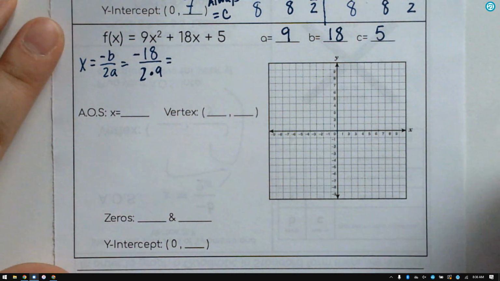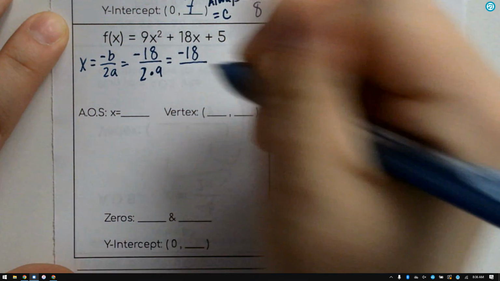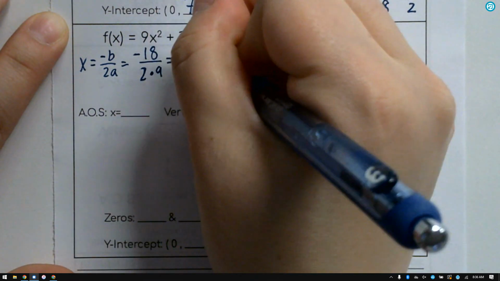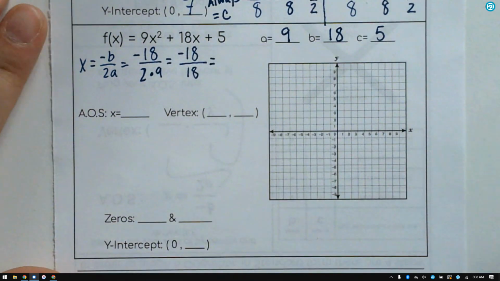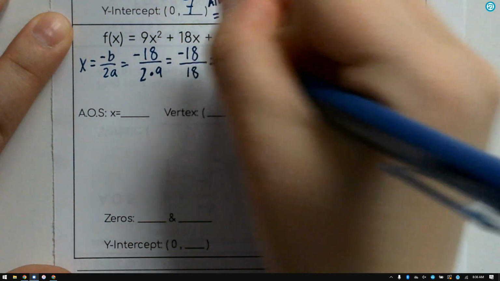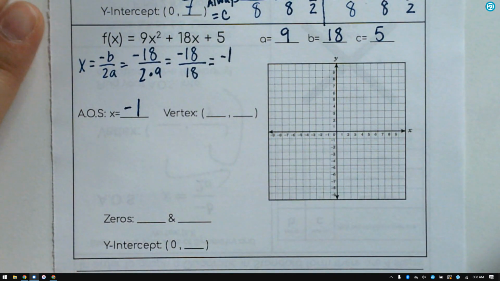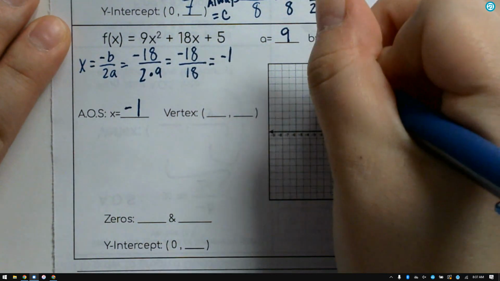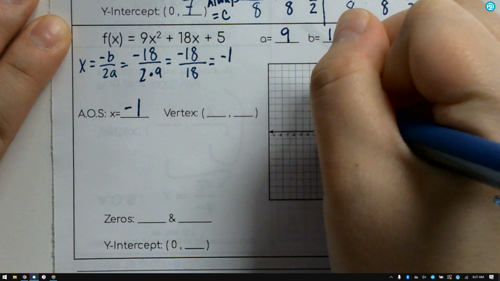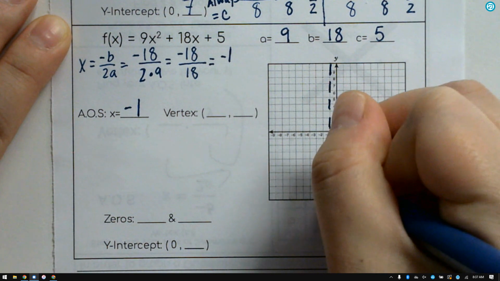So negative 18 over 2 times 9 is 18. And then anything divided by itself is 1. So negative 18 divided by 18 is negative 1. And we can graph our axis of symmetry at negative 1.